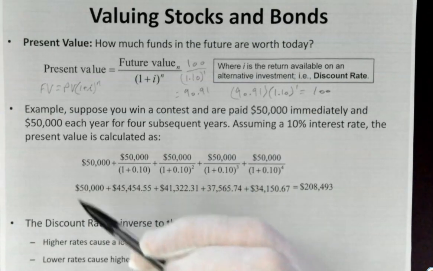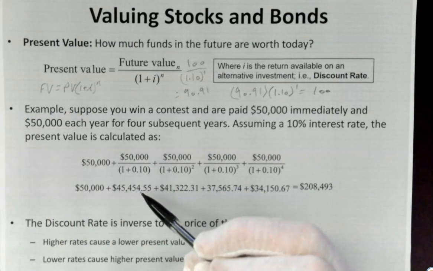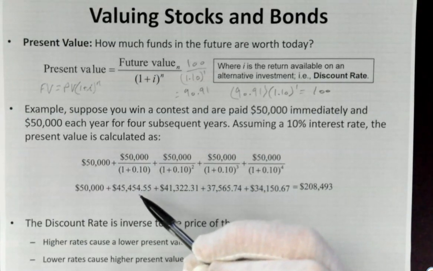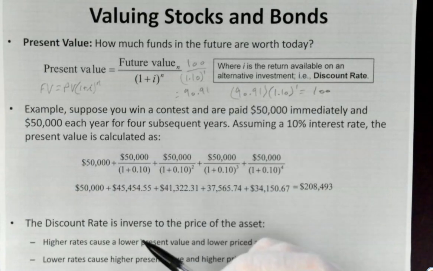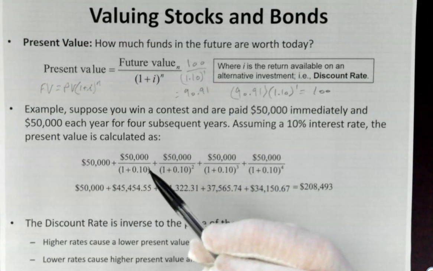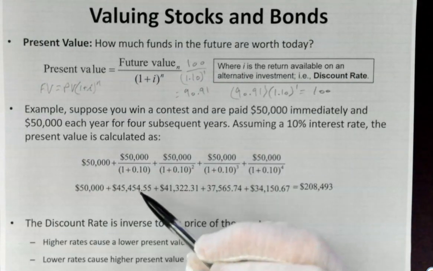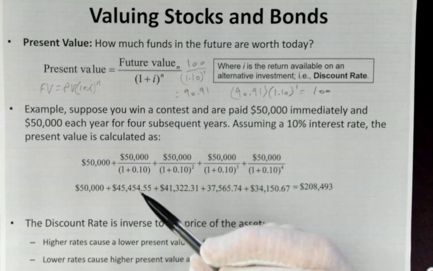Why? Well, because if you had $45,454 today and you invested that at 10%, you would have $50,000 a year from now. Therefore, $50,000 received a year from now, assuming a 10% interest rate, is worth $45,454 today. Let's keep going.